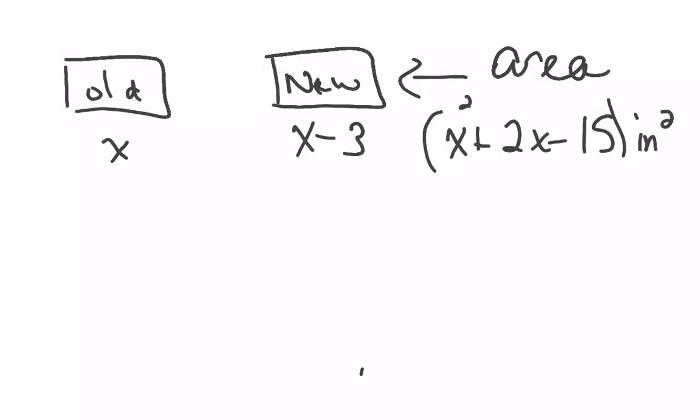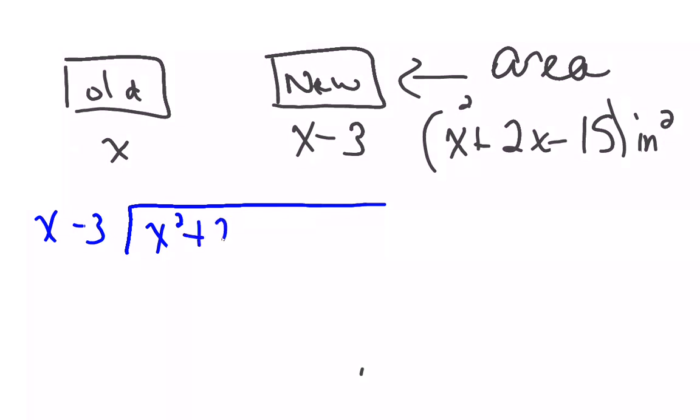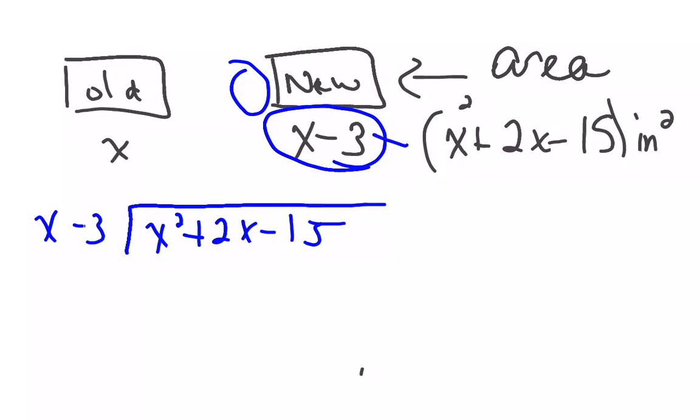Well, we need to actually divide them. So let's do our division. We're dividing x minus 3 into x squared plus 2x minus 15. Now why do we do that? Because remember, area is length times width. So whatever this is times this is going to give us that area. So we've got to work backwards.